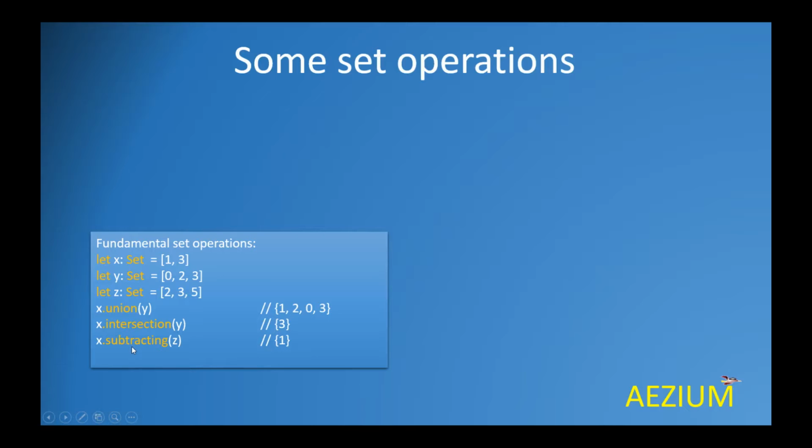The subtracting operation is between x and z this time. So what this does is it starts with x as the first input, which contains 1 and 3.